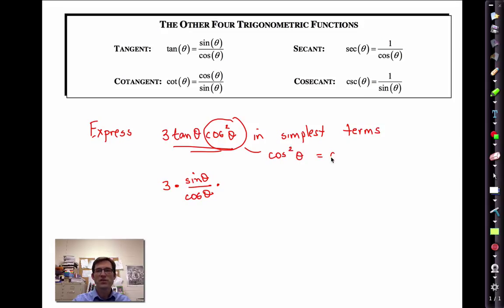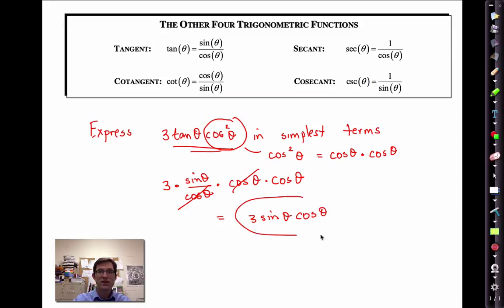Cosine squared theta just literally means cosine theta times cosine theta. So now I could actually cancel those, and I would simply get 3 times the sine of theta times the cosine of theta. And that's as simple as it gets.